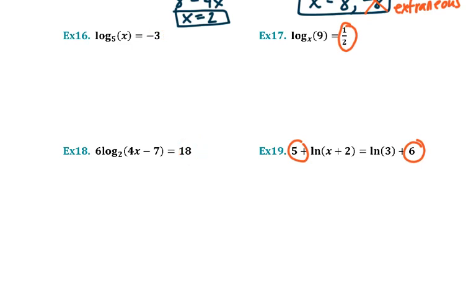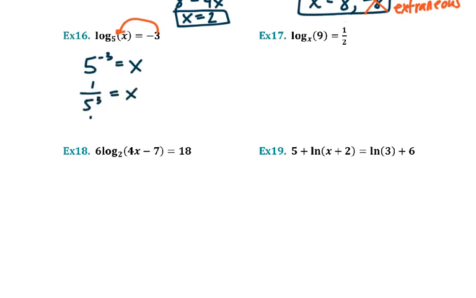So example 16, if we convert this, this would be the same as writing 5 to the negative 3 equals x. And 5 to the negative 3 is 1 over 5 cubed, which is 1 over 125. So x is equal to 1 over 125, which in this case, that value will check.